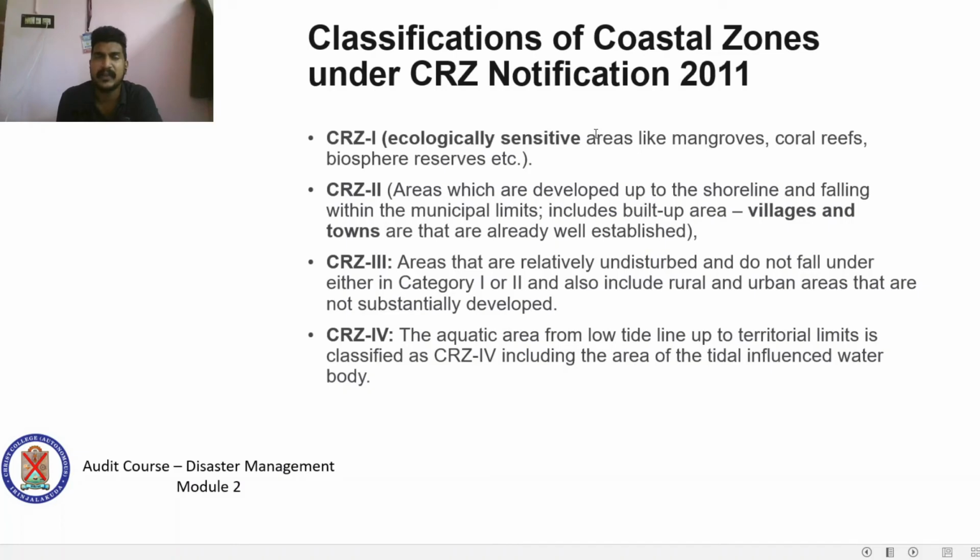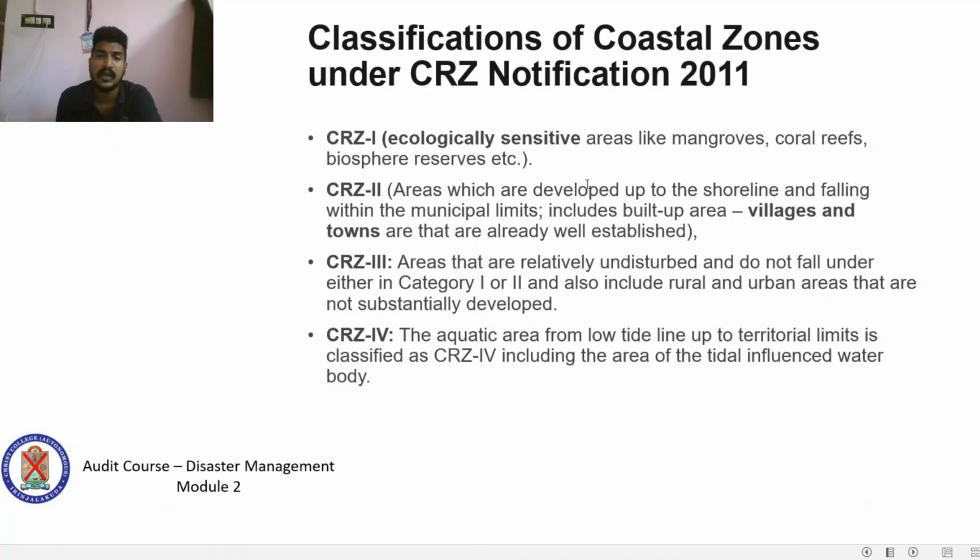Only certain activities related to agriculture, forestry, projects of the Department of Atomic Energy, mining of rare minerals, salt manufacture, some non-conventional energy sources and certain public facilities may be permitted. Between 200 and 500 meters of the high tide line, in addition to those permitted in the 0 to 200 meter zone, construction of houses for the local community and tourist projects are permissible.